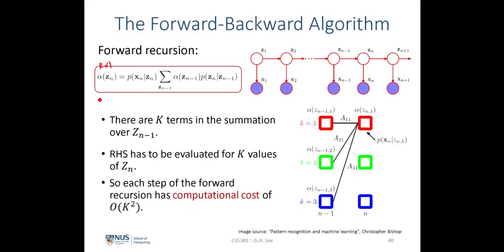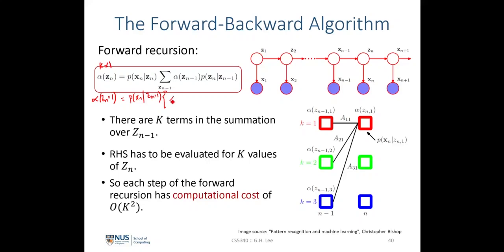Let's suppose that we are looking at alpha Zn equals to the state of 1. This is actually equal to p of xn, where xn is the observed random variable which stays fixed, conditioned upon Zn equals to 1, and marginalization over Zn minus 1.